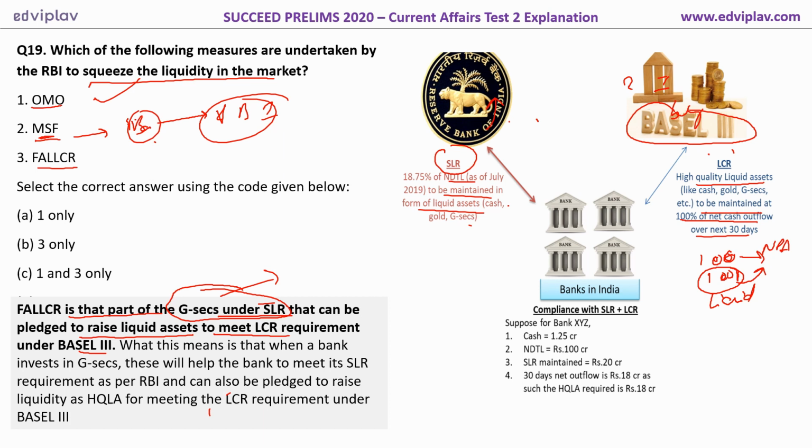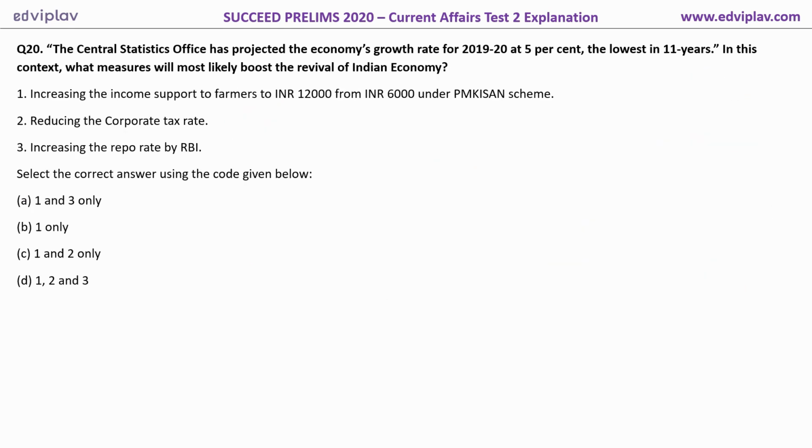When a bank invests in government securities, this helps the bank meet the SLR requirement as per RBI, and they can also be pledged to raise liquidity as HQLA for meeting the LCR. What is HQLA? High quality liquid assets for meeting the LCR requirement under Basel 3. So here only open market operations is the right answer, not the other things. Only option A is the right answer.